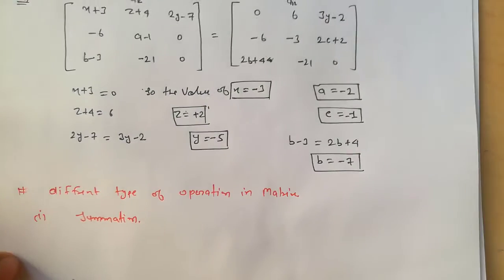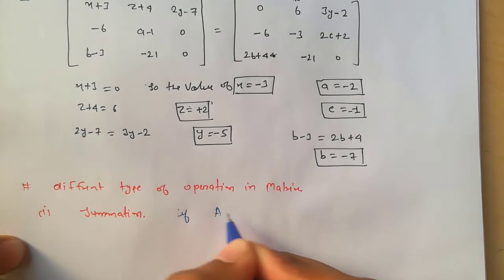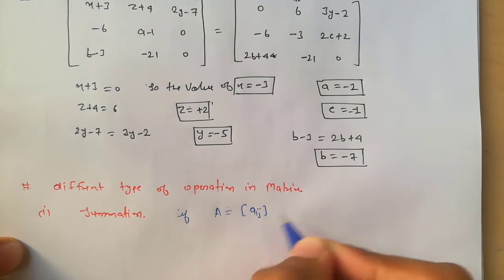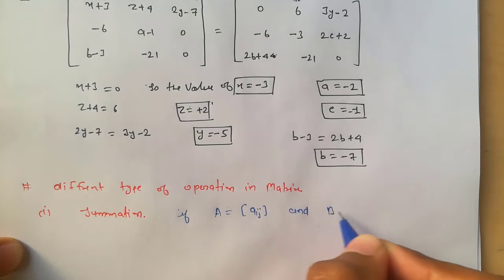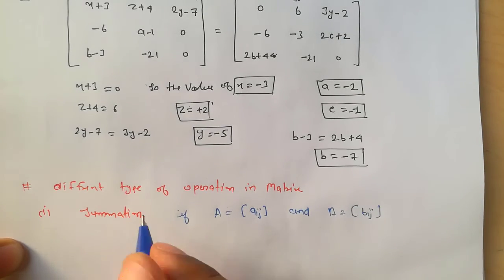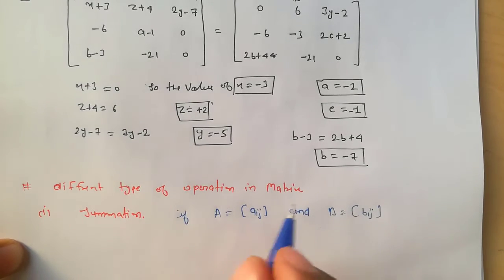In the addition of matrices, if matrix A equals Aij and matrix B equals Bij, then for the summation, the order of matrices A and B must be equal.